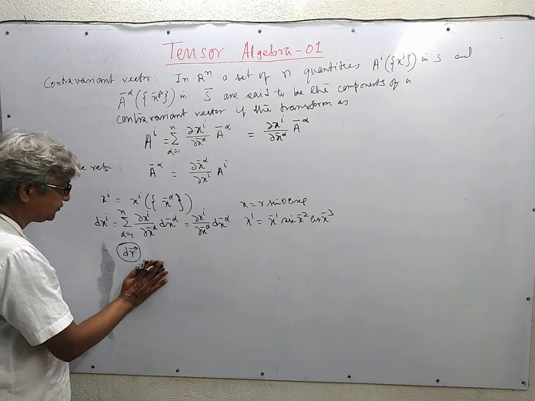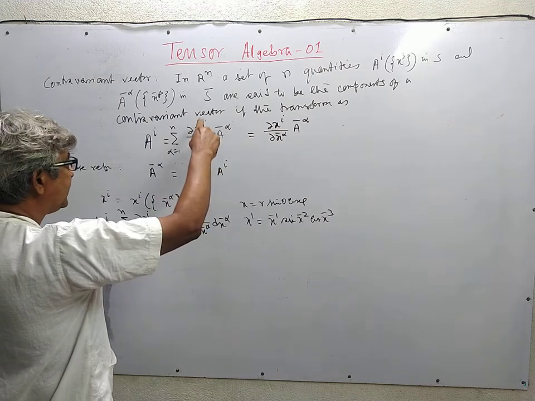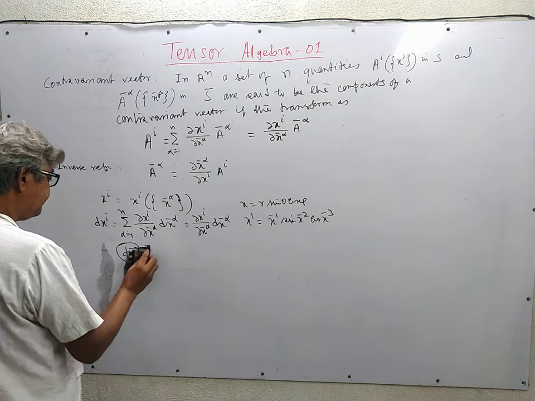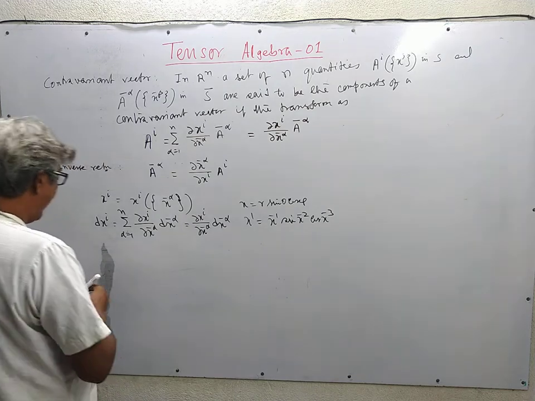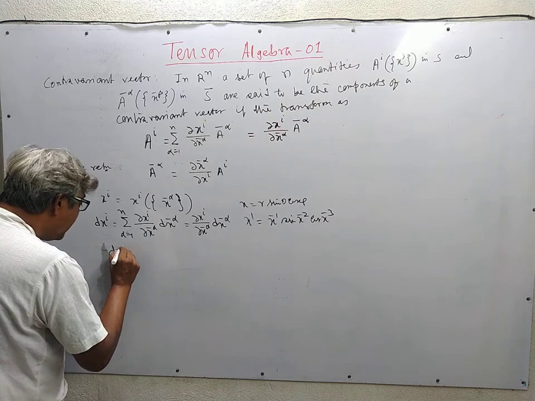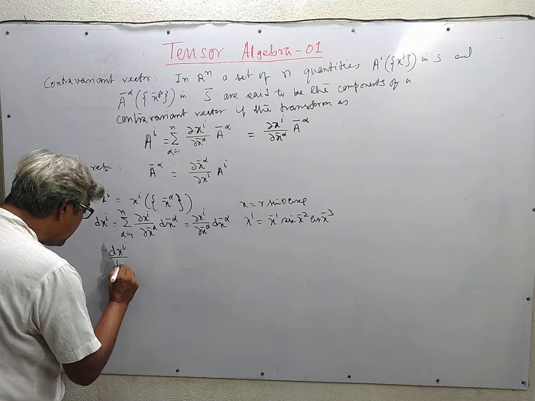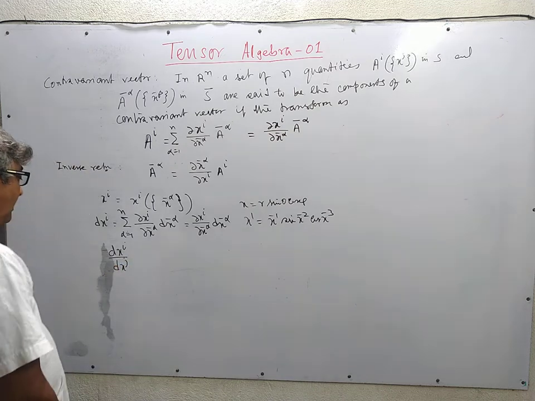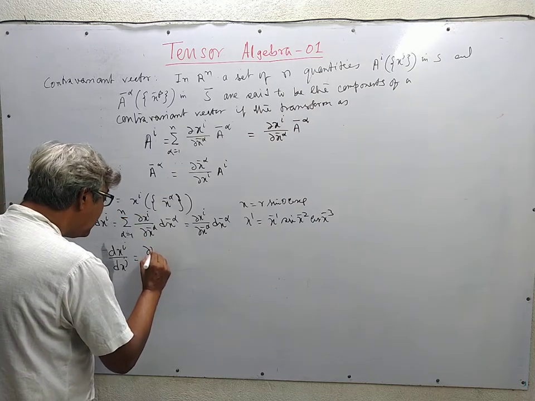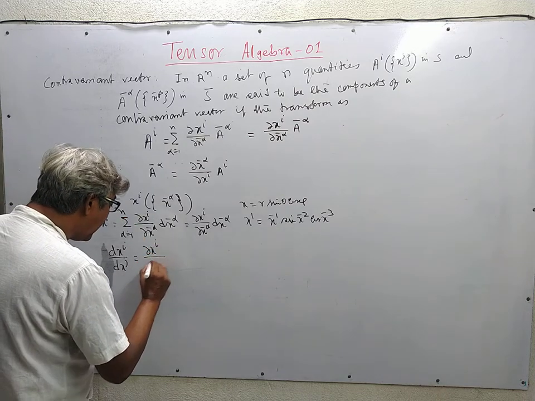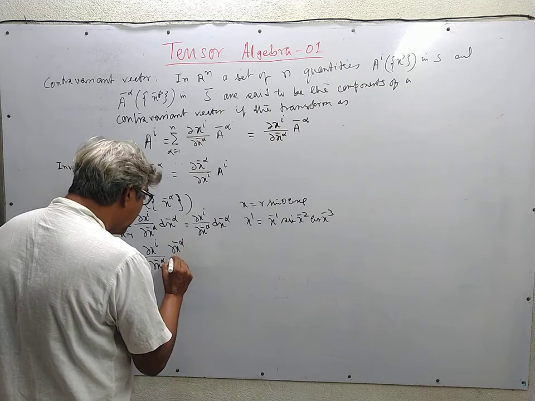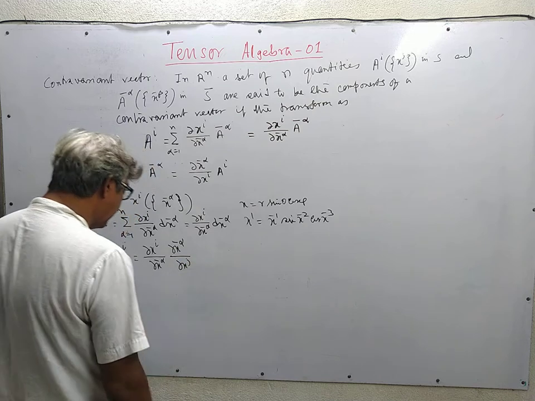Firstly, I want to show that we can come from this relation to this or the converse. In doing this, we define such a quantity, dxi by dxj. This can be written as del xi by del x bar alpha, times del x bar alpha by del xj.